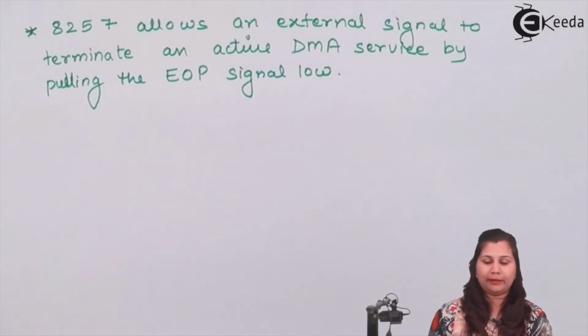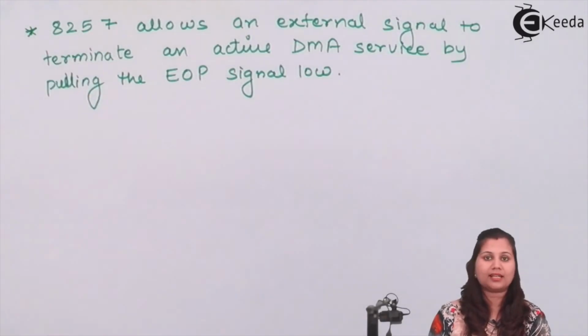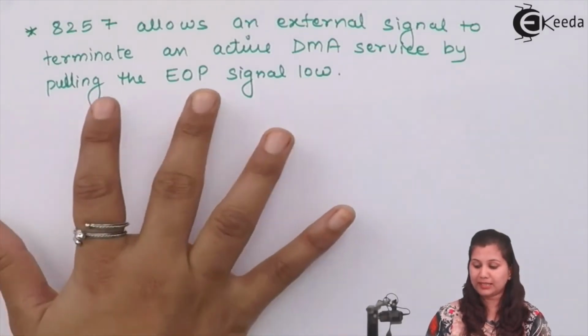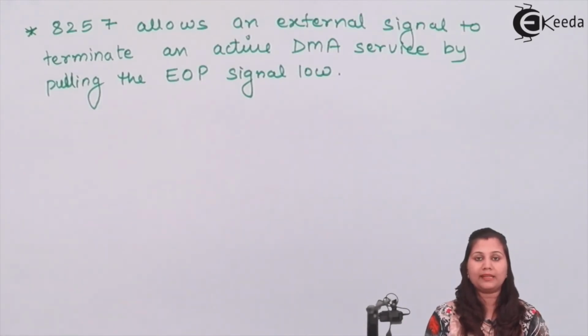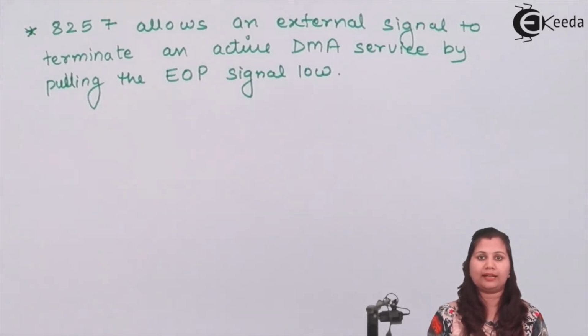Now another way is that the 8257 allows any external signal to terminate the DMA service. Suppose the DMA is at present transferring some data, and there is an external signal which is making this EOP signal low, means it is terminating the data transfer which is going on at that time.